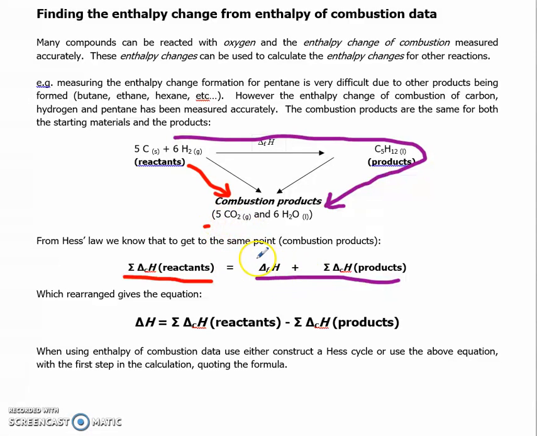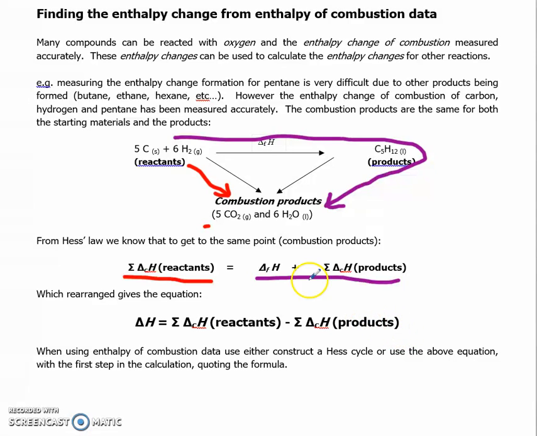Now we are actually interested in the enthalpy of formation in this reaction, so we need to rearrange our equation, and we do that by subtracting the enthalpy of combustion of the products from both sides. So we now get the enthalpy of formation, which I've just generalized to be the enthalpy change here, is equal to the sum of the enthalpy of combustion of the reactants minus the enthalpy of combustion of the products.